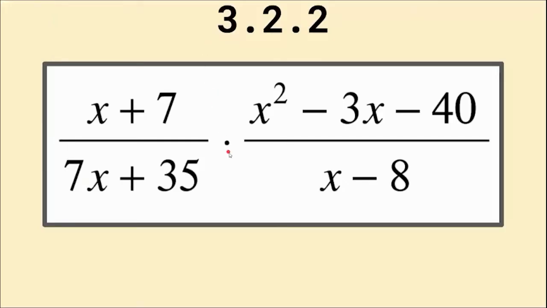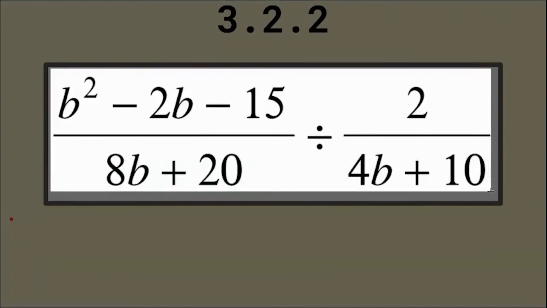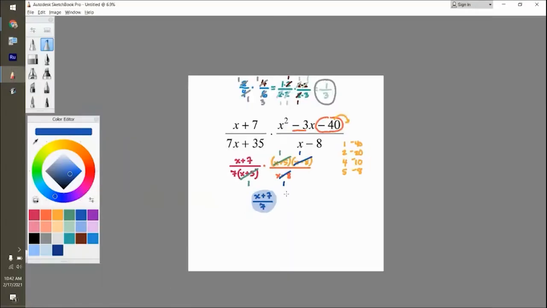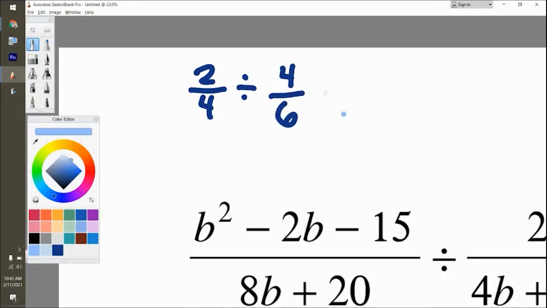Let's do another one. This was multiply, so this one's going to be divide. And basically dividing is the exact same thing as multiplying, only there's one little difference when it comes to rational expressions. Like say I did 2/4 divided by, let's just do 4/6 again. You covered it, I believe, in middle school.